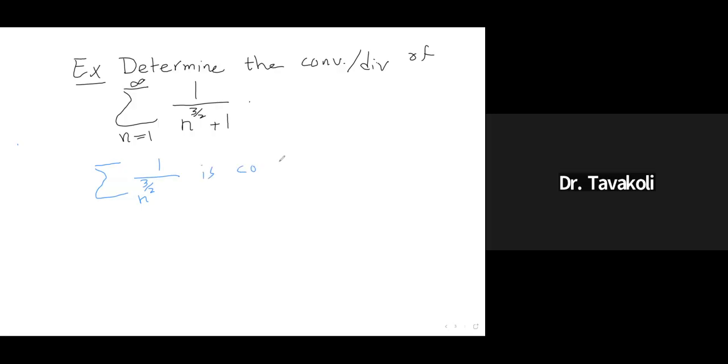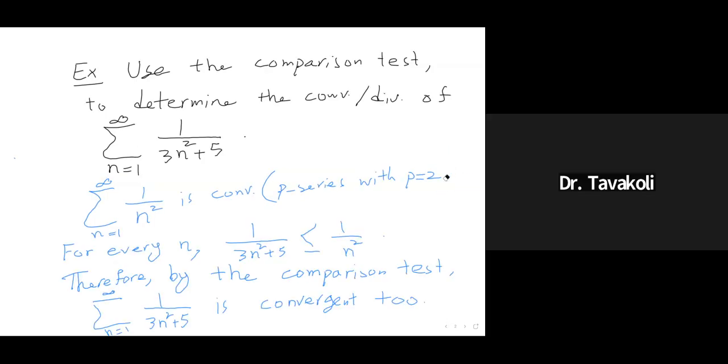This is because it's a p series with p equals 3 halves, and we know that if p is more than 1, the p series is convergent, similar to the previous example where p was 2 and 2 was more than 1.